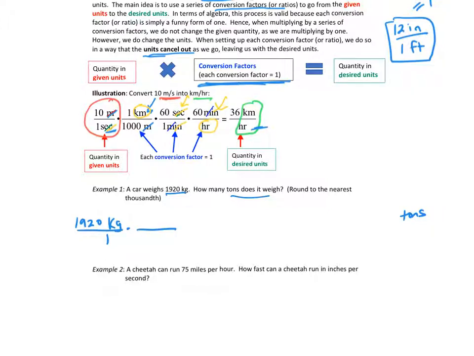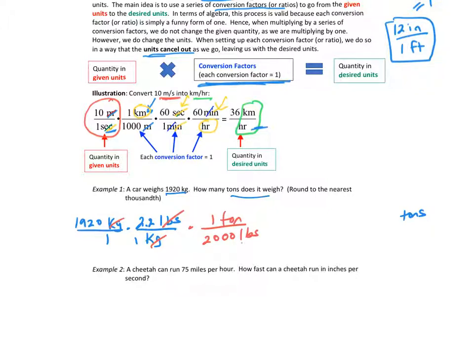So we're going to start with conversions. So I know that in 1 kilogram, there are 2.2 pounds. This will allow me to cancel out the unit kilogram, and we've successfully converted this into pounds, but we're trying to get to tons. So let's do another conversion factor. I know that there are 2,000 pounds in 1 ton.